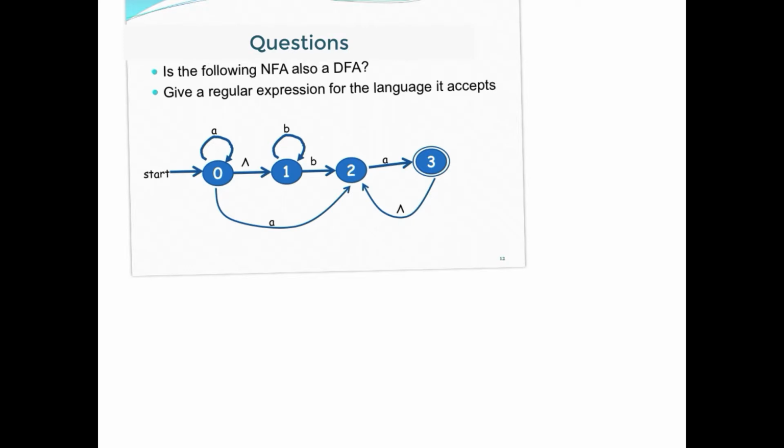So at least part of the regular expression for this is going to be A star followed by a B star followed by a B and an A. That's definitely in there. We can also get to state 3 by taking this jump. So we skip the first part, so we just have 1 A followed by an A. So we have A's in our language.